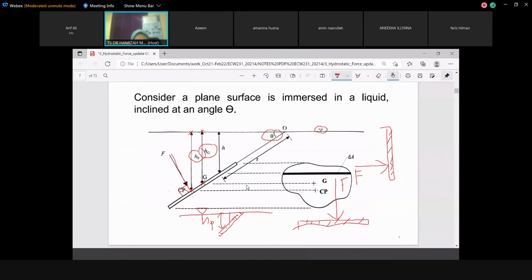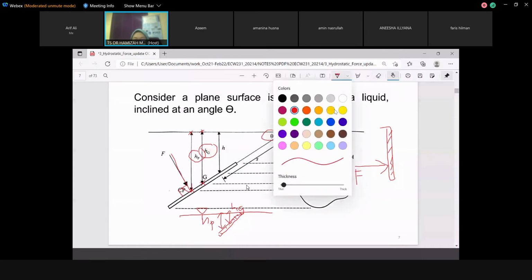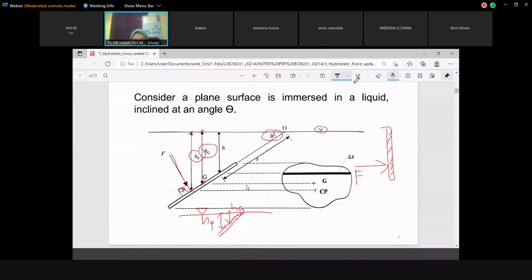Is where there is a distance from the water surface. For example, it is like this, water surface. So dia punya immersed object dia jauh sikit. So this one you need to add with the H. So nilai HG adalah H plus HG.